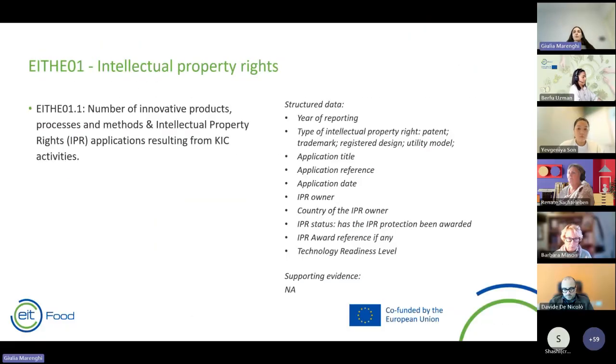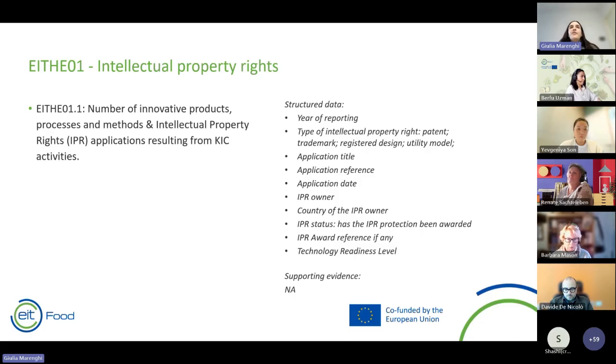So let's get started with the first family of KPIs. We have the EIT 01, intellectual property rights, which refers to the number of innovative products, processes, and methods resulting from the KIC activities.